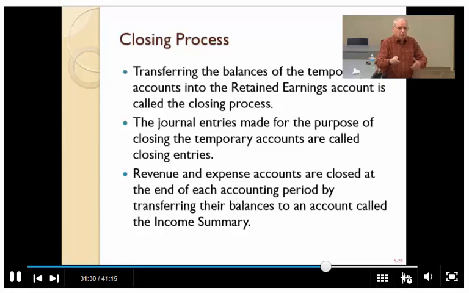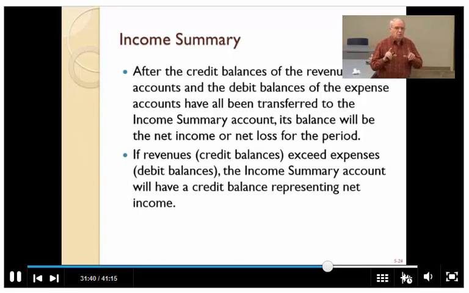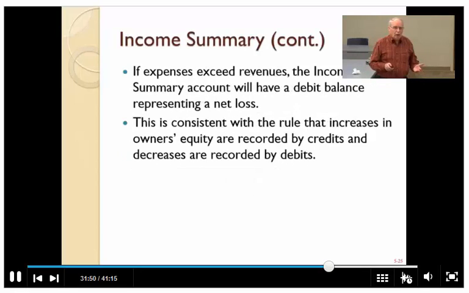But here we're going to actually walk through the entries, and you're going to have to do this in Connect. The income summary is an extremely temporary account, only used at year end. In an automated system, you wouldn't even see it. With the expenses, we credit the expense and debit income summary, which zeroes them out, and then the difference between revenue and expense gets closed to retained earnings.